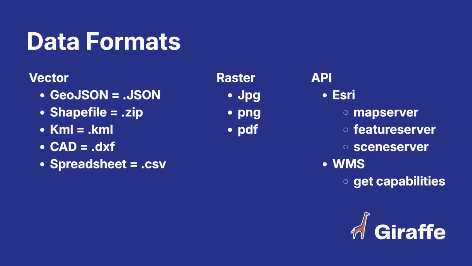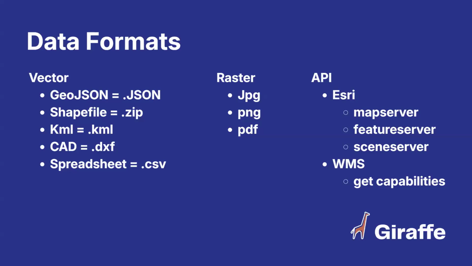And then shapefile is very standard across the board for your vector downloads for spatial data. You'll see that on almost any website where you're able to download spatial information. KML is Google Earth's proprietary format. We do allow you to upload KML files.